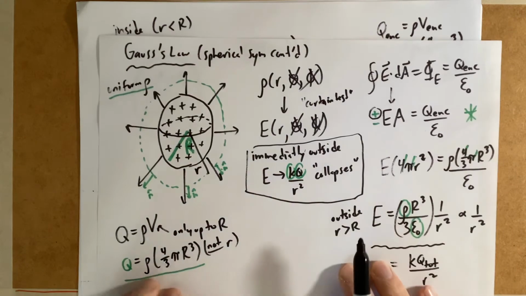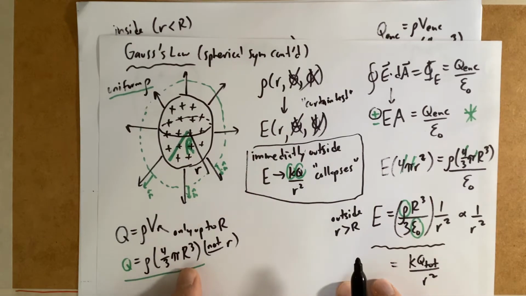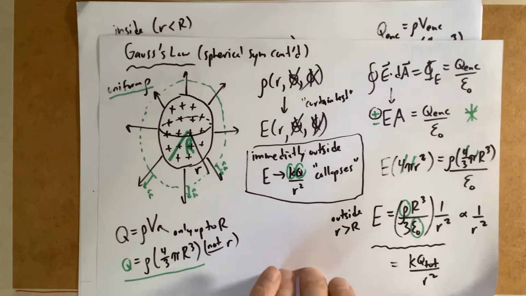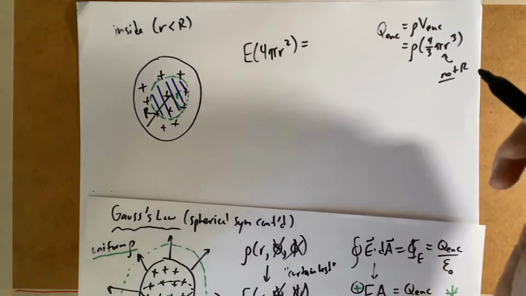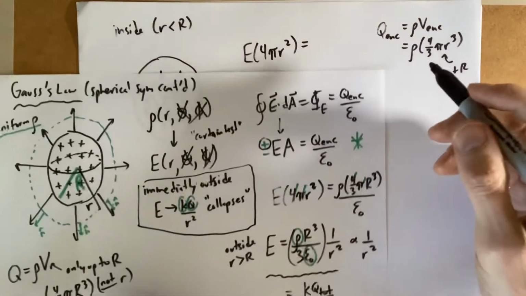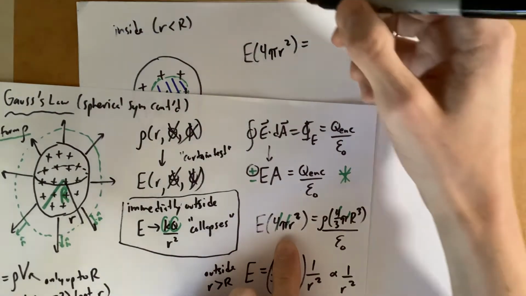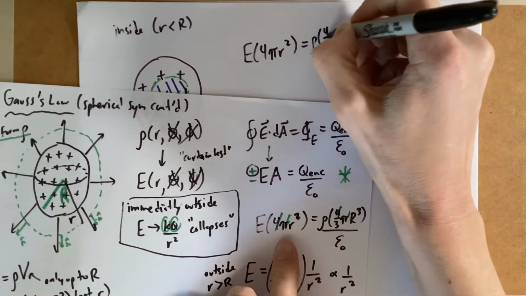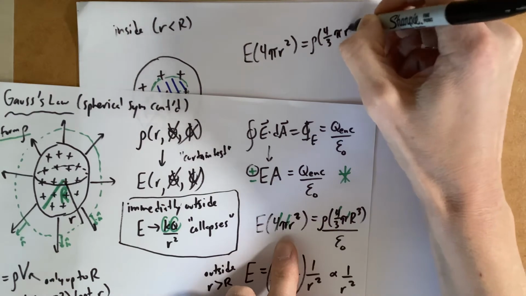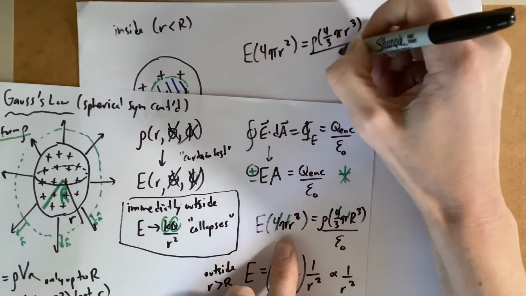So it's the opposite. When we're outside, we use big R, and when we're inside, we use little r. That is, in fact, the only change in these calculations. Let me put the last one here side by side so you can see. It's going to be rho 4/3 pi little r cubed, okay?